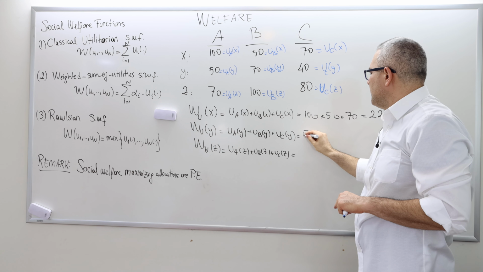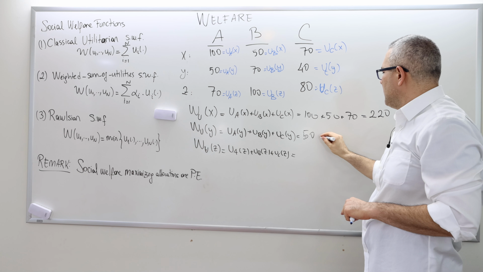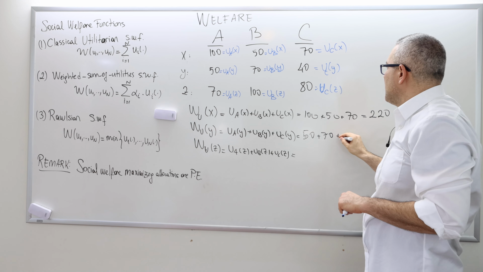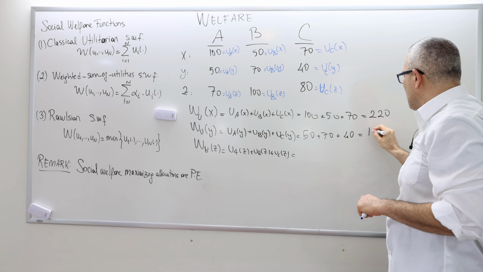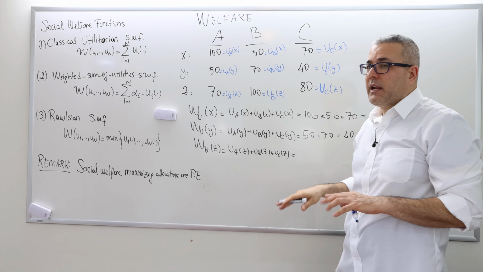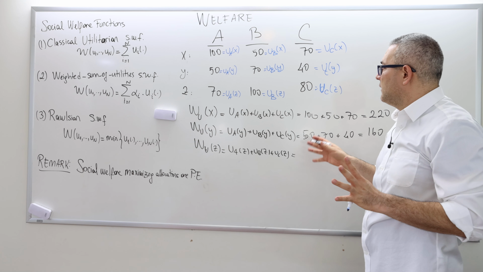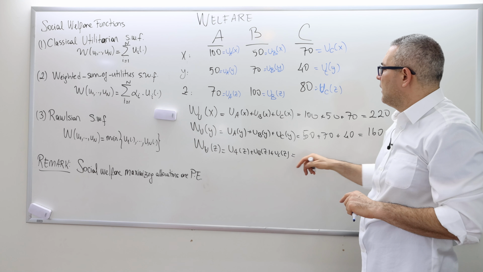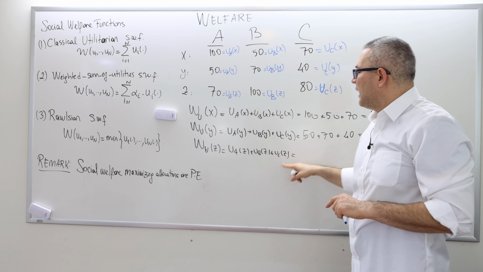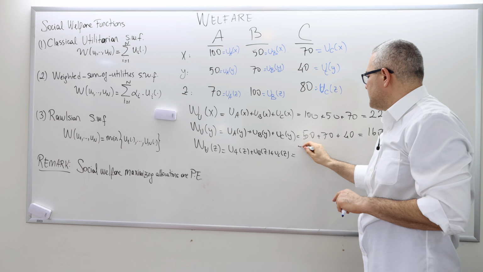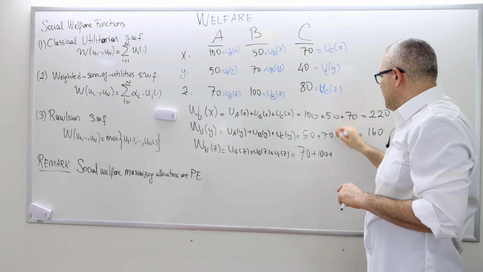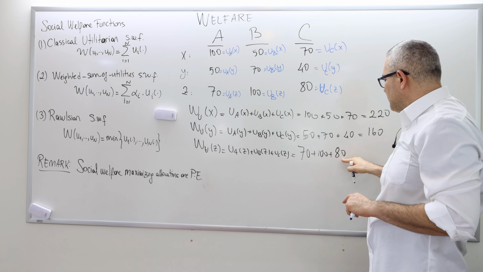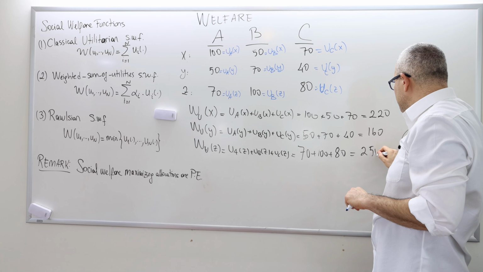It's 50 utility points for A, 70 for B, and then 40 for C. So this is 110, 160. Again, I hope I don't make any mistake, but if I do, well, forgive me. For alternative Z, it's 70 plus 100 plus 80. So this is 180, 250.